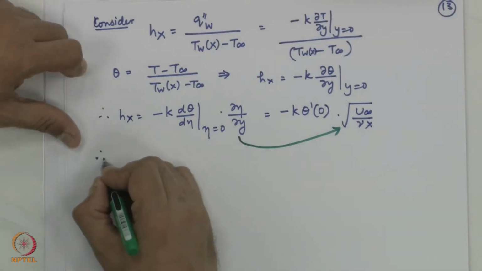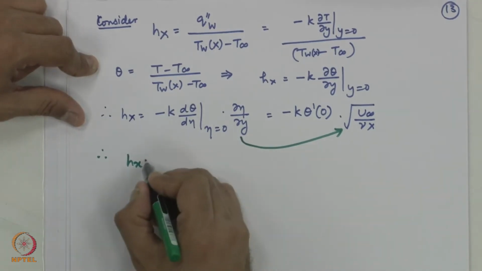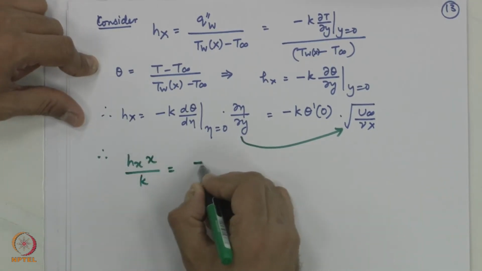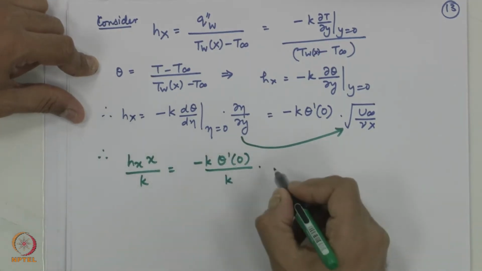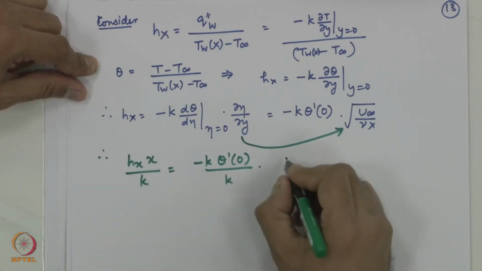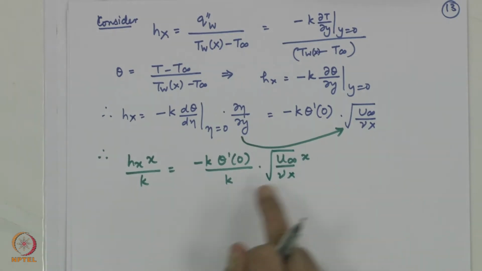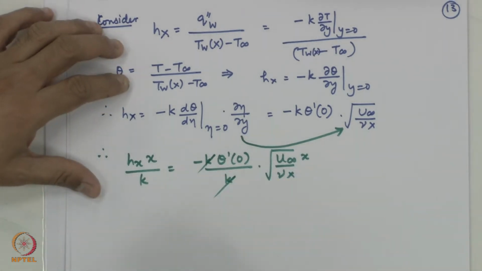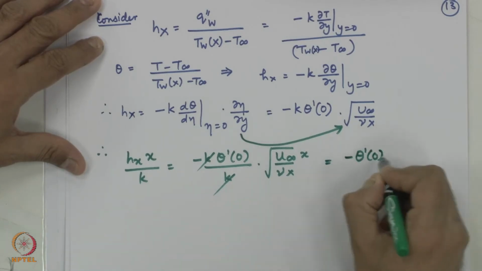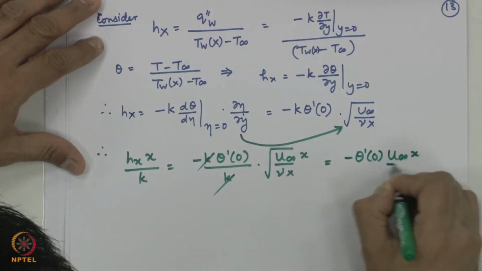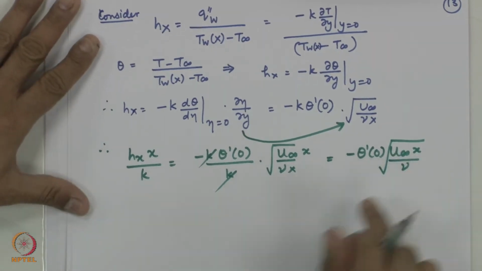Therefore, I would get hx x by k, multiplying and dividing by x by k, is equal to minus k theta prime of 0 divided by k times root of u infinity x over nu, times x divided by k. So k will cancel. This is going to be equal to minus theta prime of 0 times (u infinity x over nu) to the power half, and what is this quantity?